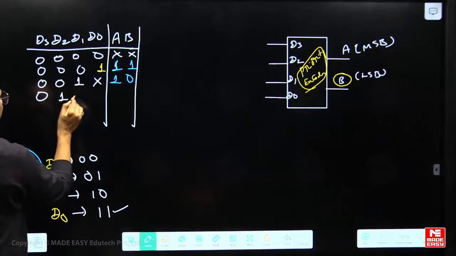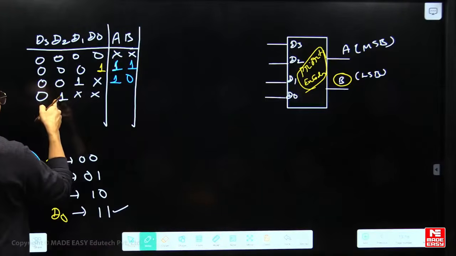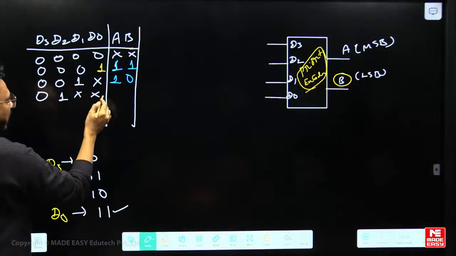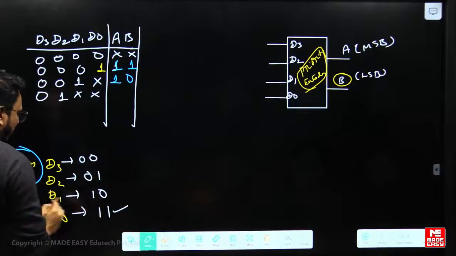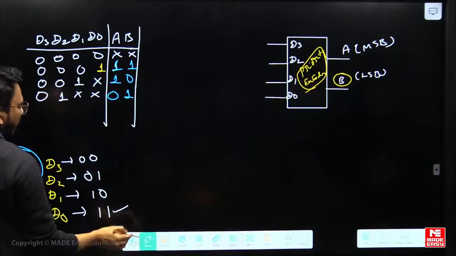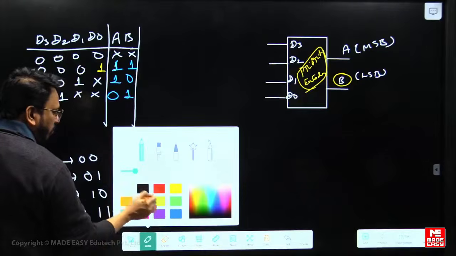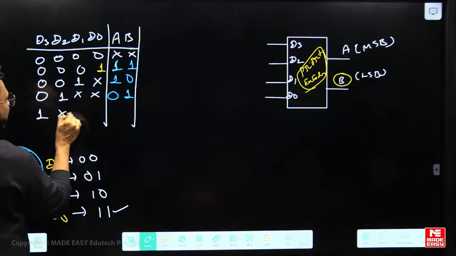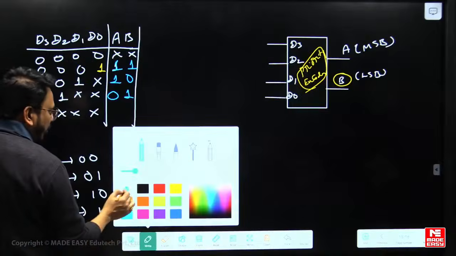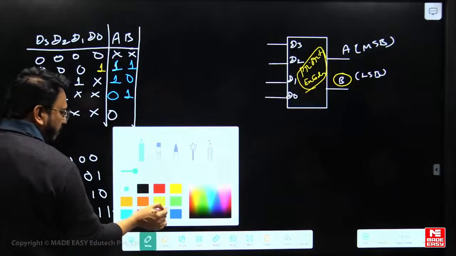When D2 is activated and D3 is not activated, and below that whatever it may be, we get 0, 1. And here, when D3 is activated and the rest are whatever, D3 should be 0, 0.